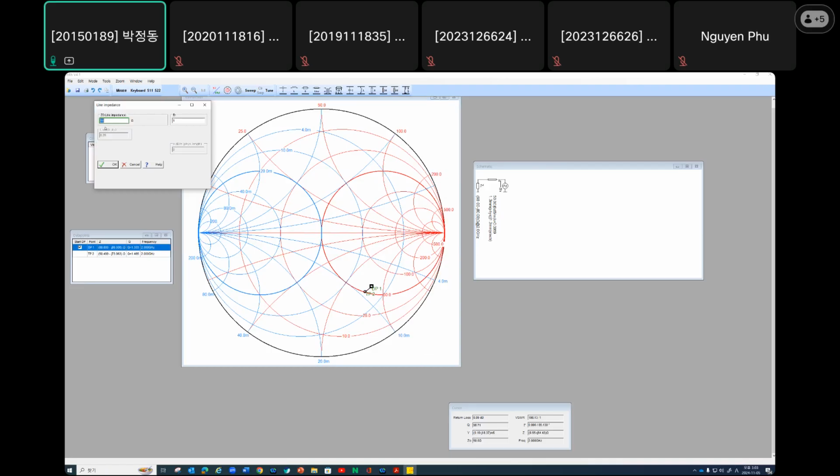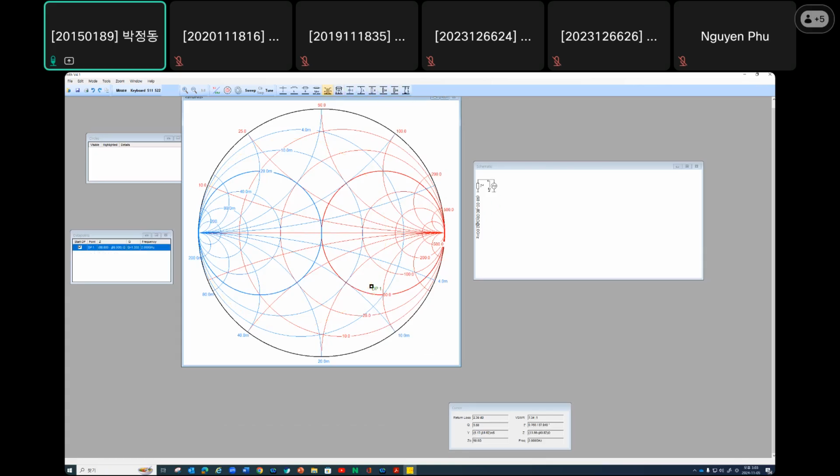Since the short stub is basically an inductor, and the inductor is going this part, it's better to use a short stub. This is GL. Okay, this is wrong. I have to use this connection, right?